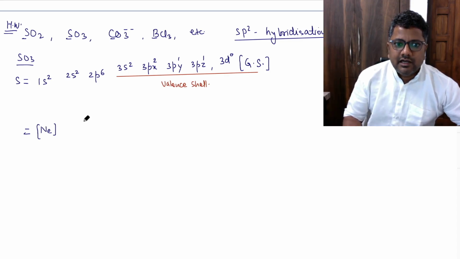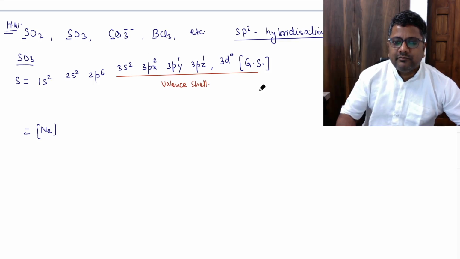And see, one electron from 3p will move to 3d. Not one, two electrons from 3p will move to 3d, and one of 3s to 3p.